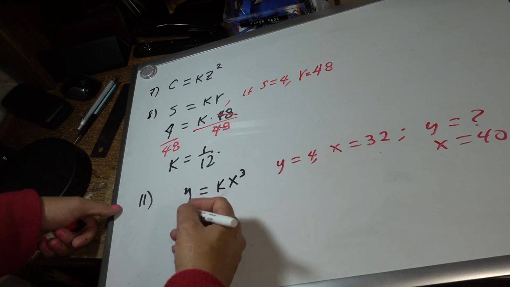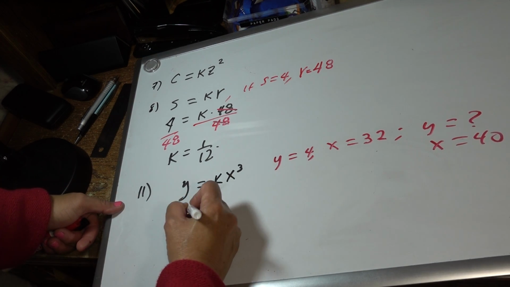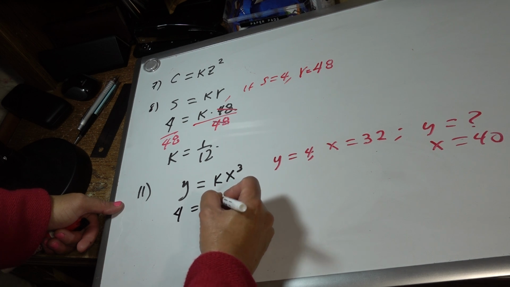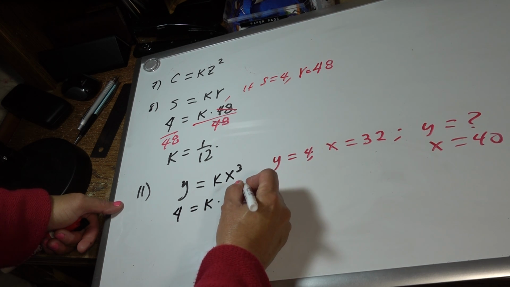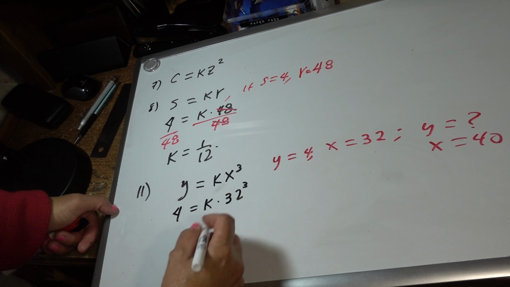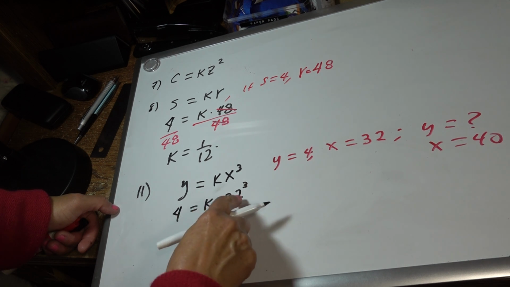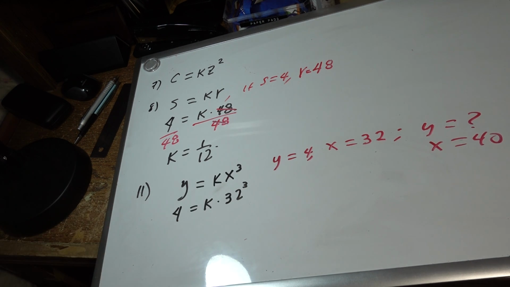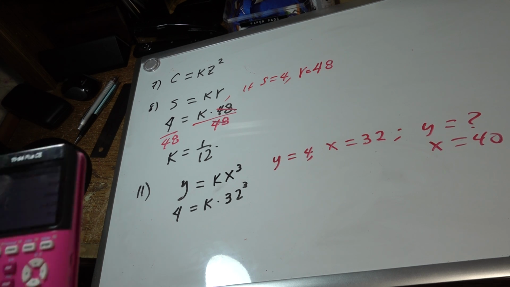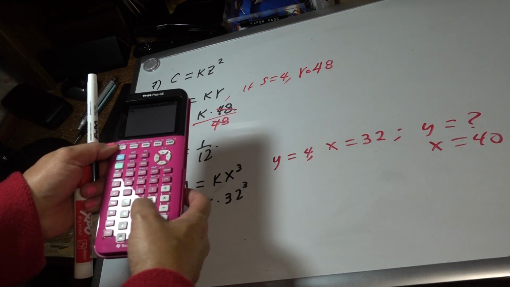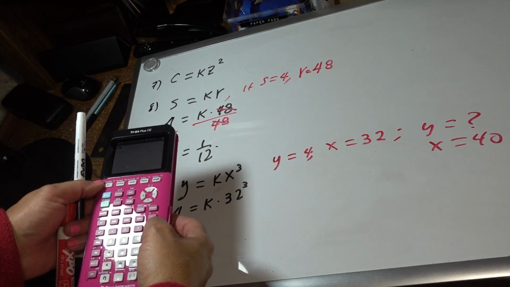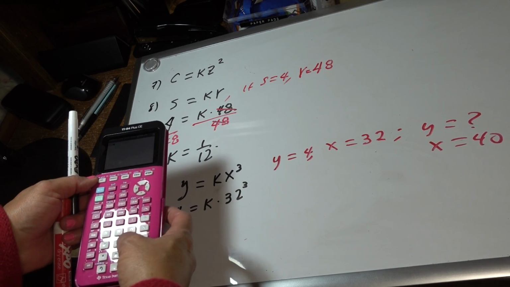Okay, so 4 equals K times 32 cubed. So let's find this value right here, 32 cubed, with a calculator. I'm going to find how much the cube of 32 is.